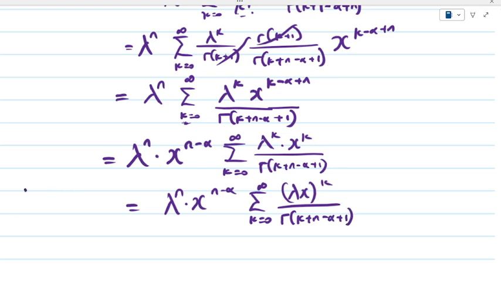So this is the extension of the gamma function of alpha.